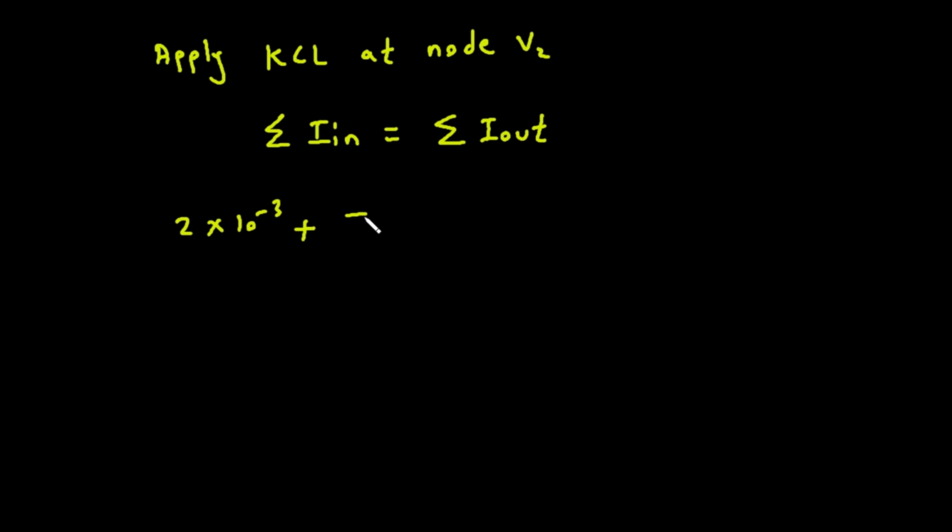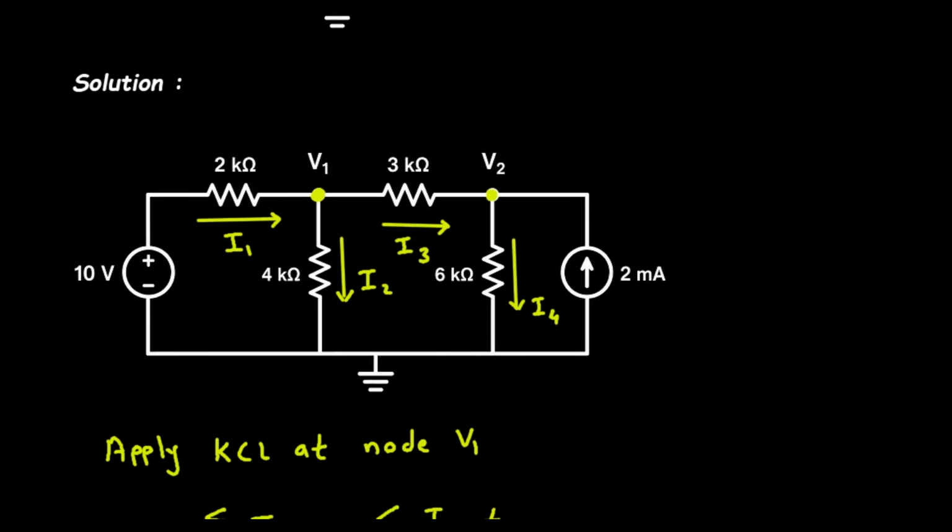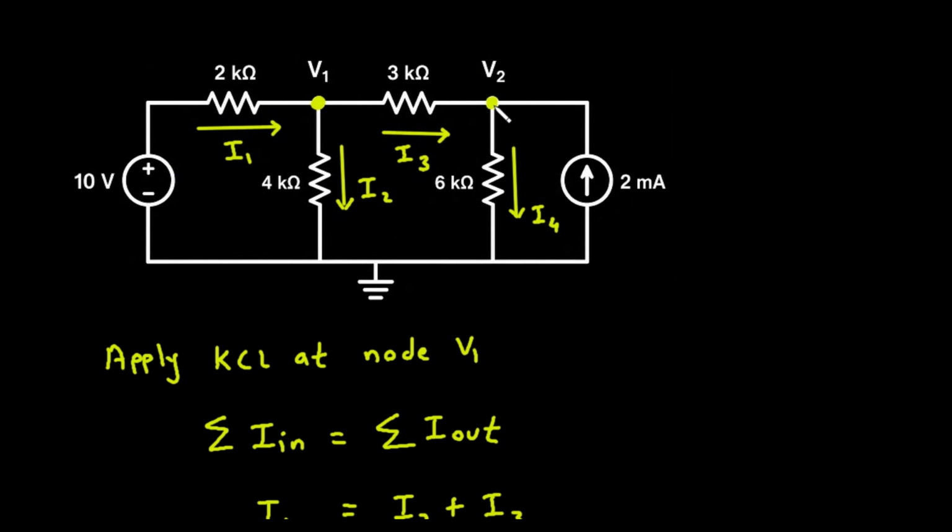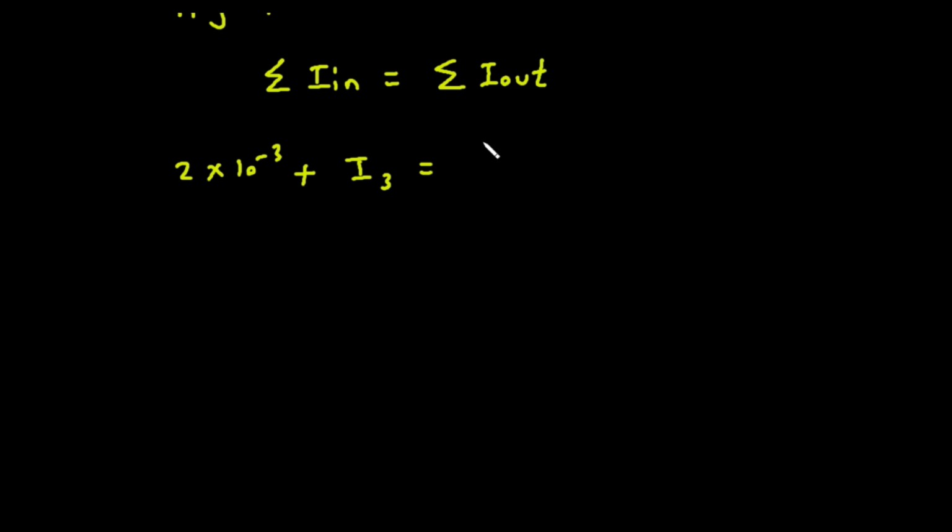So I3 is equal to, now leaving current from this node is I4.